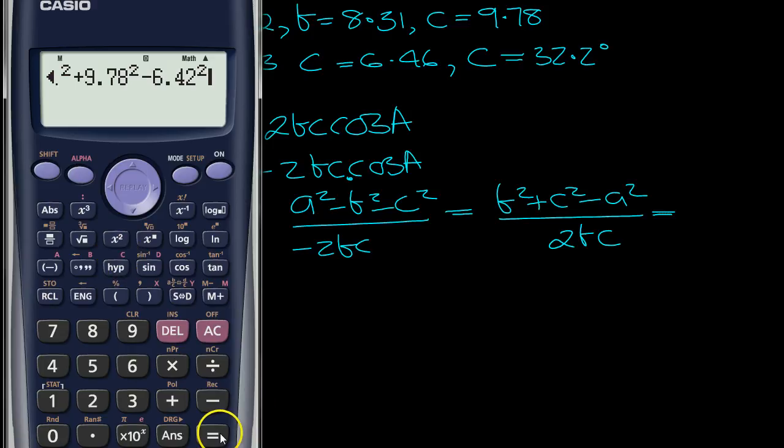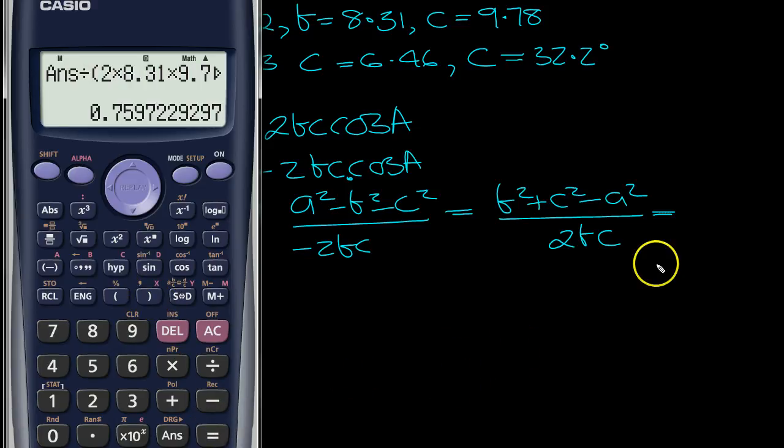That's the top number. So answer divided by 2bc, bracket 2 times b, 8.31, times c, 9.78, close bracket. And that's the number, 0.7597.